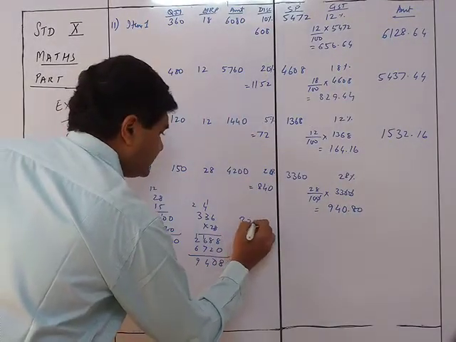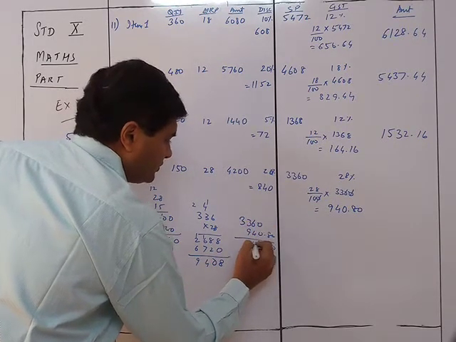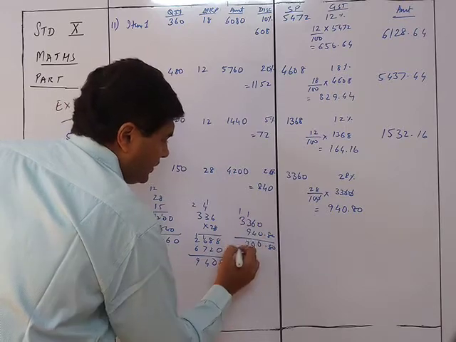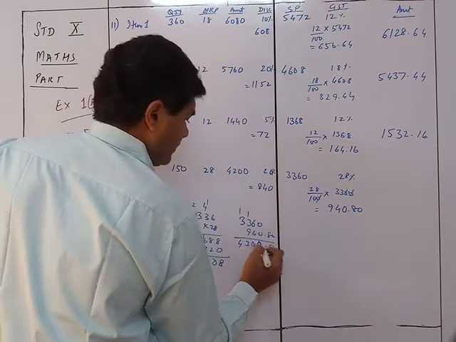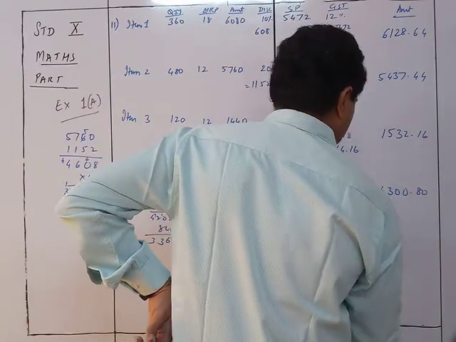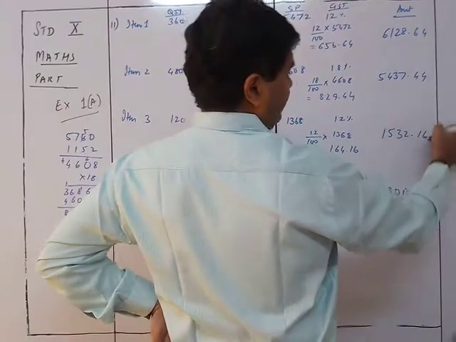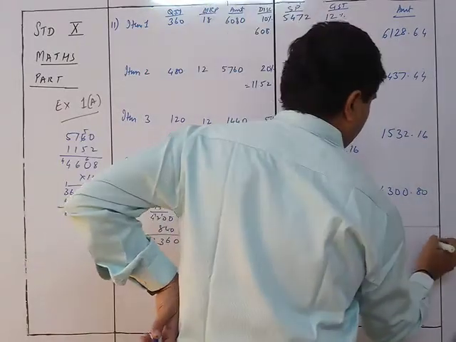So 3360 plus 940.80 is going to be 80, 0, 0, 1, 3 and 4. So it will be 4300.80. So the total amount will be equal to, adding it up, 6 plus 4, 10 plus 14 and 1.